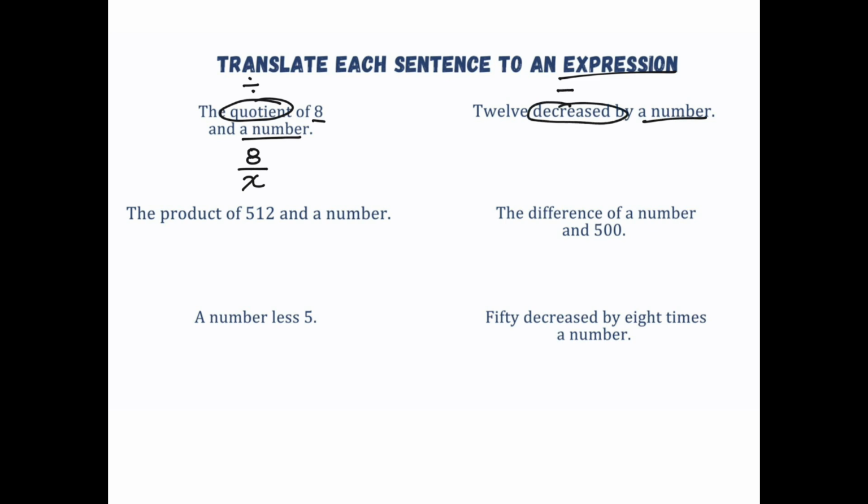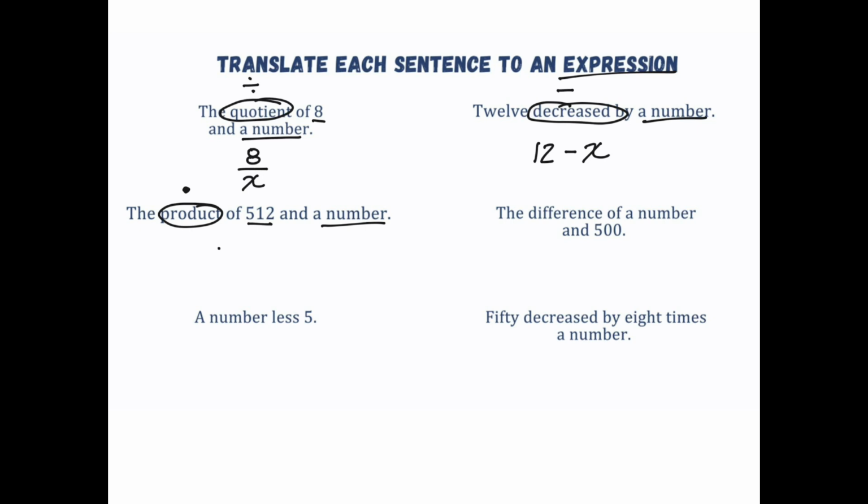Next, 12 decreased by a number. That means we're subtracting. So I'm going to write 12 minus x. I'm not going to use the word minus, though. Next, we have the product of 512 and a number. Product is multiplication. So there's a couple ways we could write this.